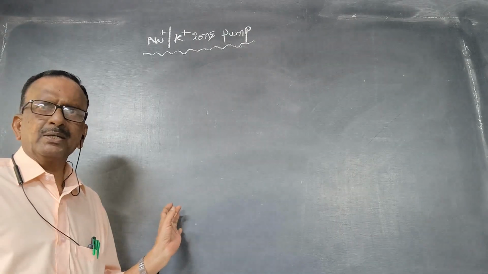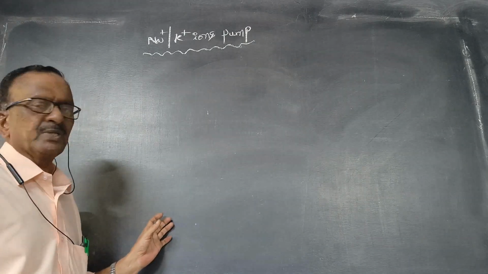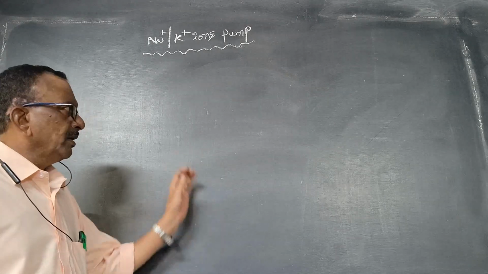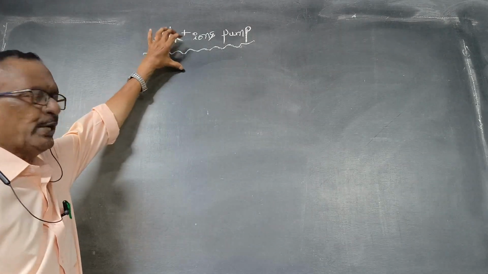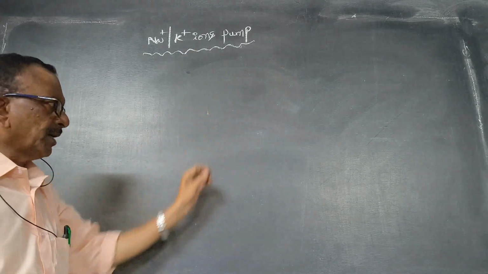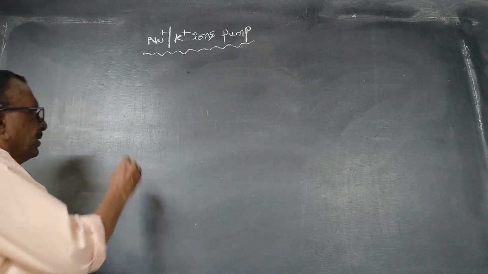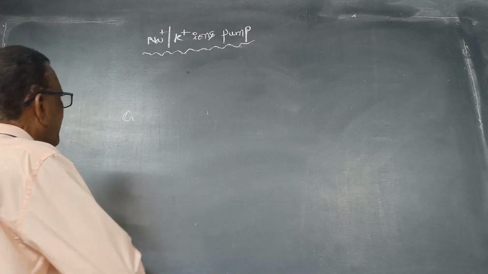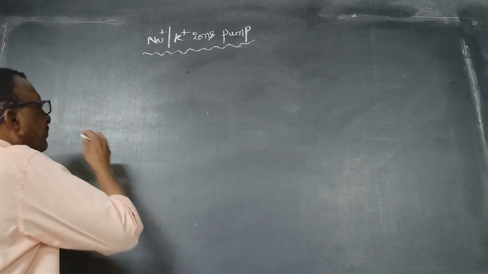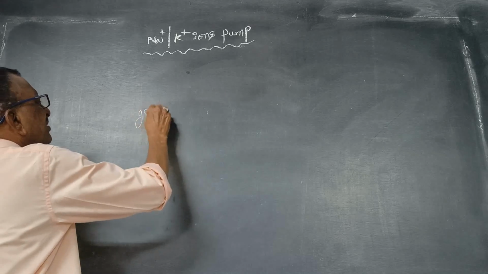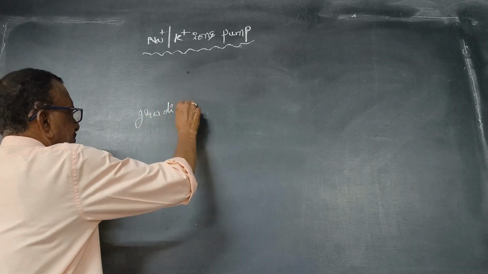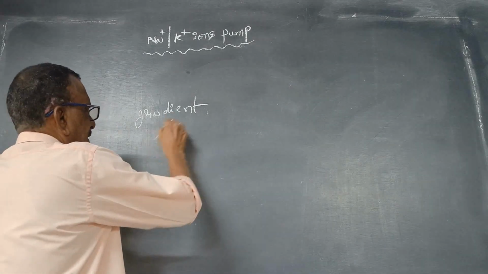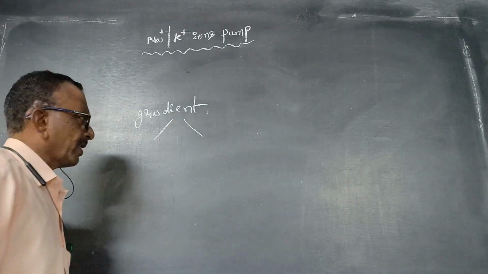Today we shall learn an important topic, that is the sodium potassium ions pump. Before going to this one, we need some introduction. You must understand what is a gradient, how many types we have.